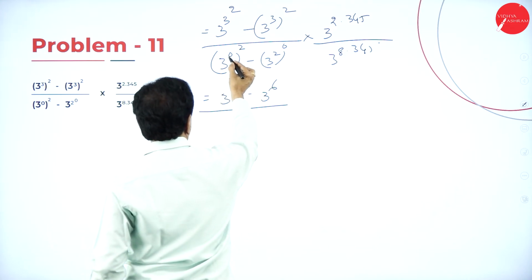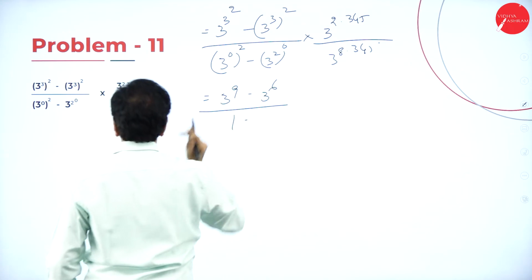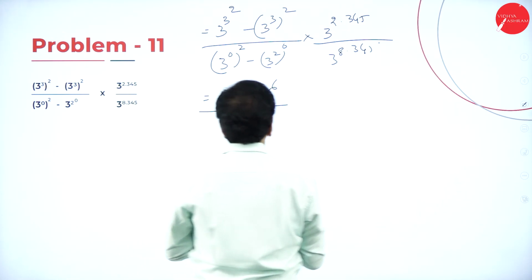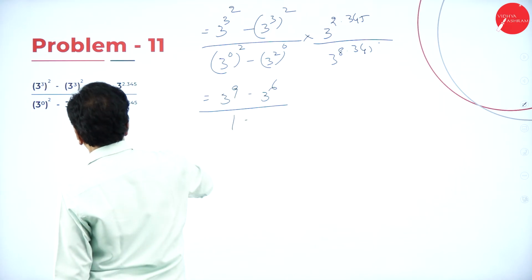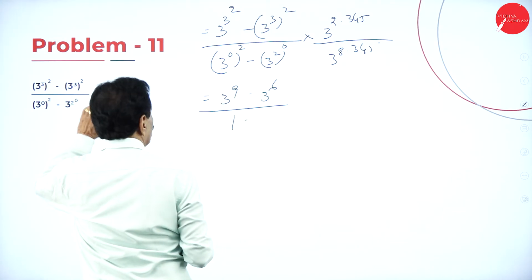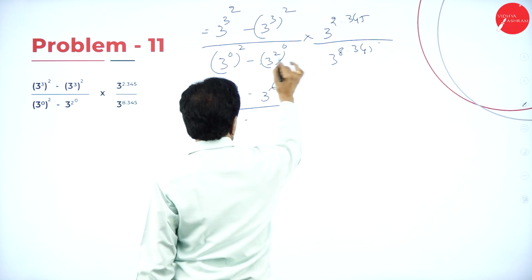Anything to the power of 0 is 1. 1 square is 1. 1 square is 1. So this is 3 square.